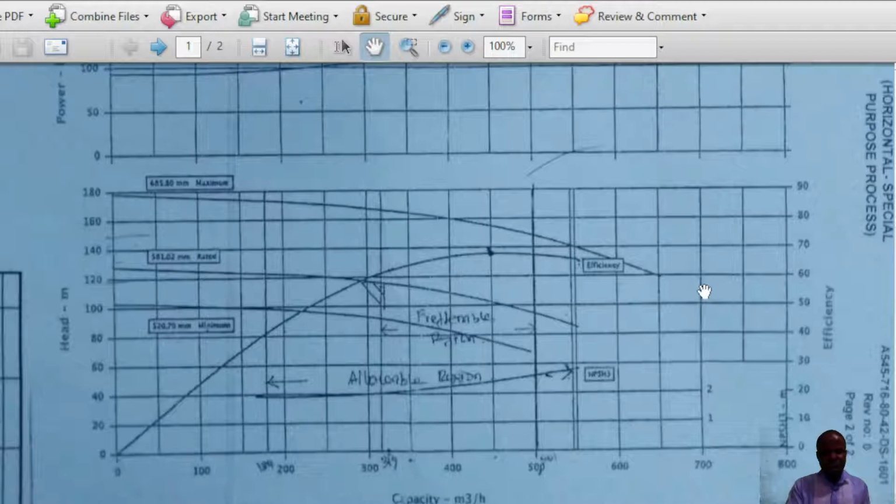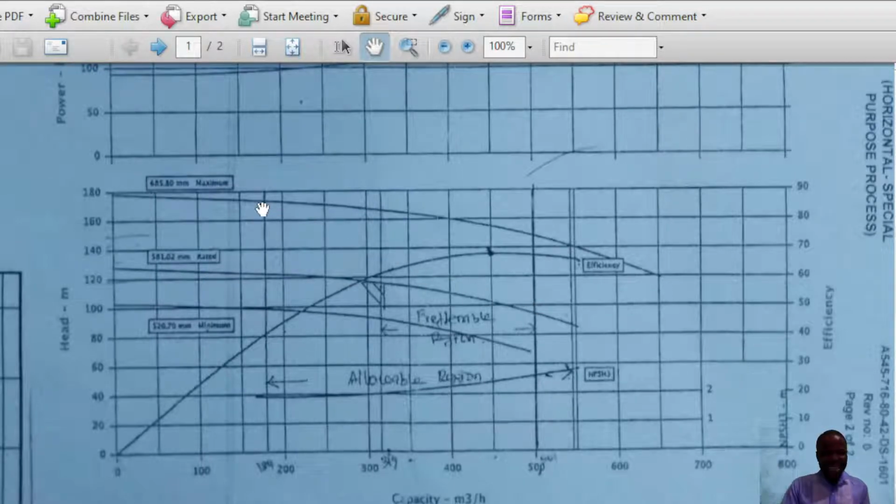Remember in the previous session we said that for a particular pump we have curves for the maximum impeller diameter, the rated impeller diameter, and the minimum impeller diameter. In this case, this is the pump curve for the maximum impeller diameter, and this is the pump curve for the rated impeller diameter.